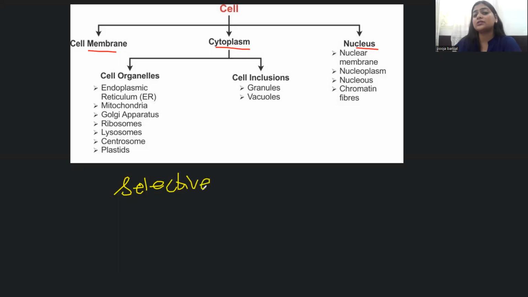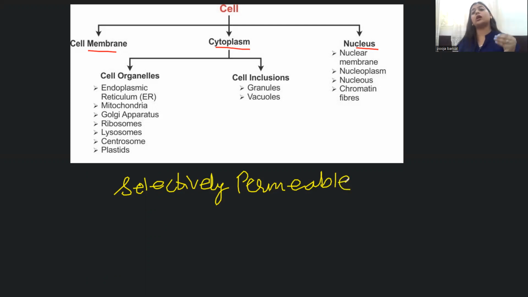Selectively permeable means it does not allow all the substances to go in or to go out, nor does it stop all the substances, but certain specific substances it allows to enter the cell or exit the cell. So this is one of the key features of plasma membrane.